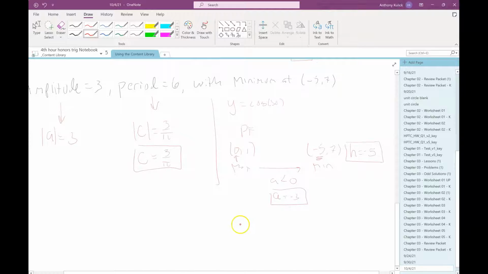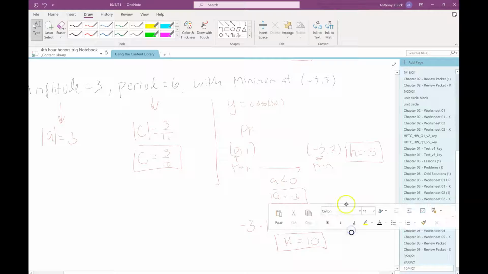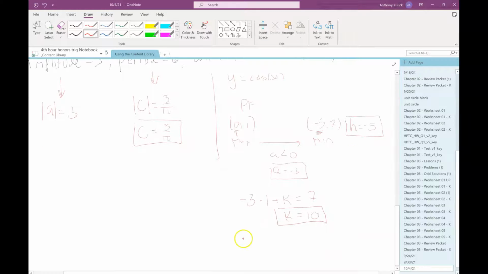And to get my k, that's going to have to be 10. Not a difficult equation to solve for k, but again, it's not nothing. And if you're not thinking about how do I get the k again, it can be challenging for sure.